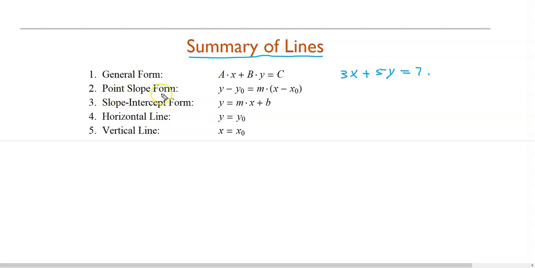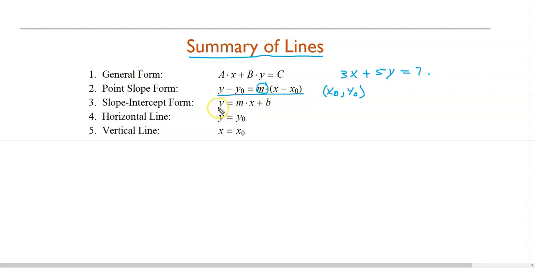And then we have a point-slope form for the equation of a line, written like this. So notice in this form our slope is m, and the point that the line happens to pass through is x0, y0. That point would be given to you, and m would also be given to you, and that represents the slope.